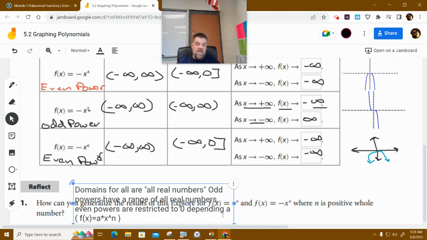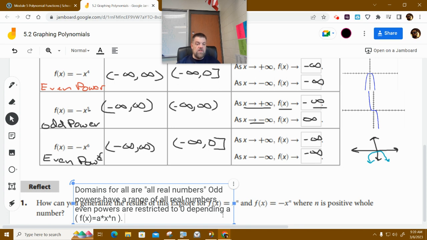Are we leaving anything out? The end behavior: the odd numbers have a negative infinity or positive infinity, while the even numbers are just of negative infinity. Oh, okay. So let's put end behavior.